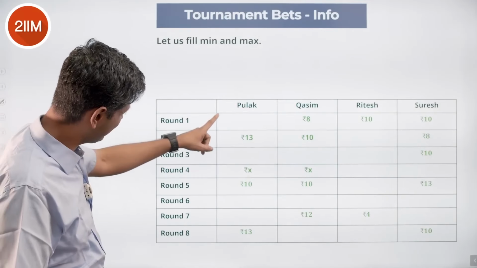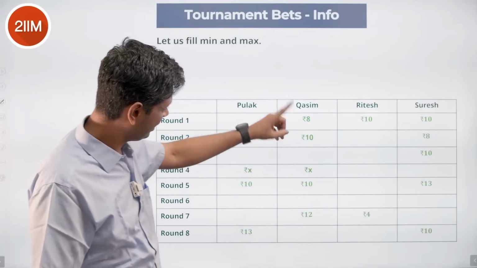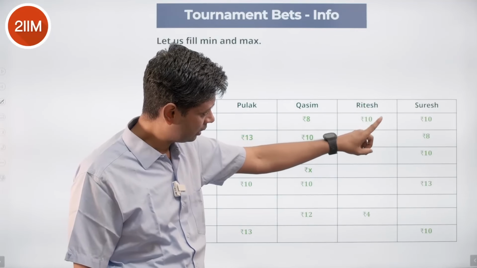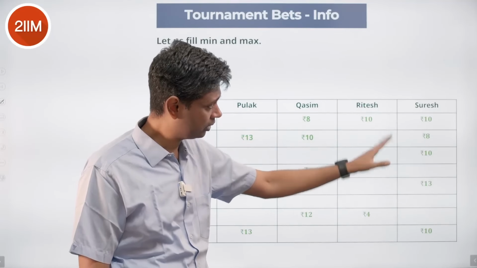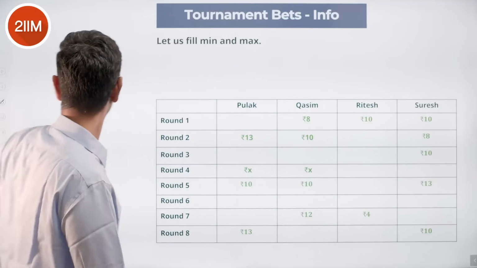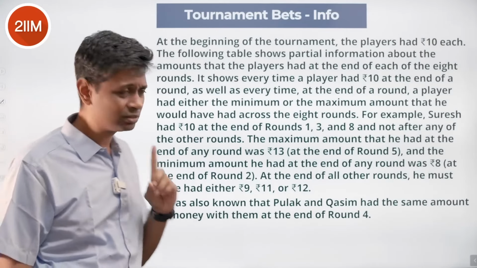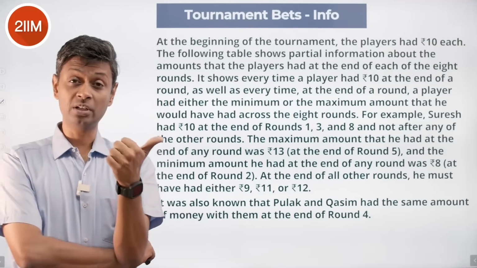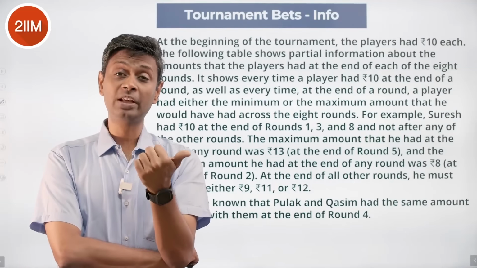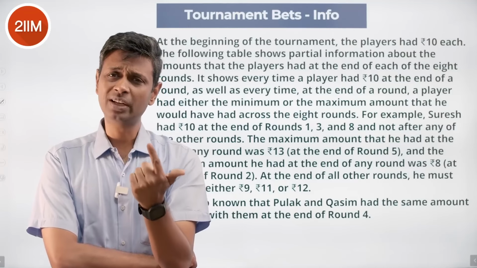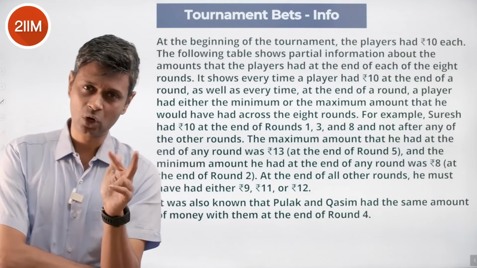Pulak says 13, 10, 13, 8, 10, 10, 12, 10, 4, 10, 8, 10, 13, 10. Some numbers have been filled. What we have here is each round, if it was 10, we would have the information. If it is the maximum that player has got across 8 rounds, we'll have that information. If it is the minimum the player has got across 8 rounds, we'll have that information. All 3 will have.